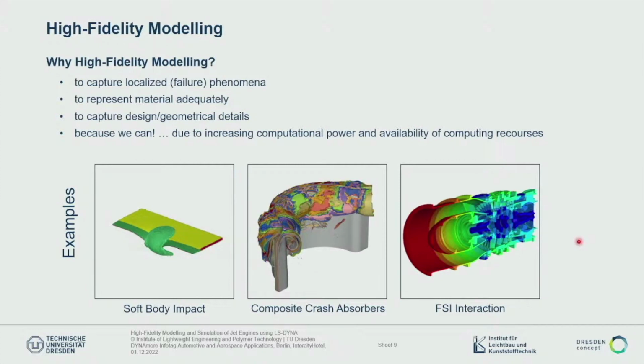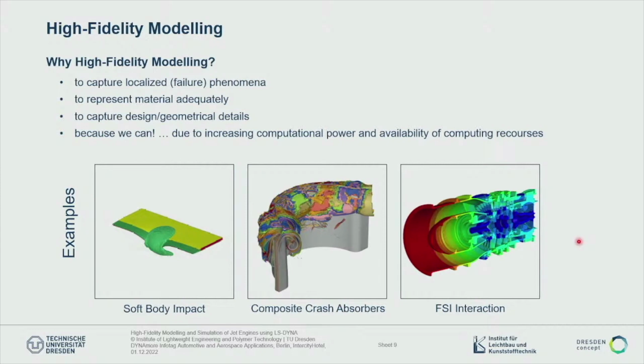So actually, we are now in the position to really use larger hardware resources. They first of all get available, and second of all, we can use them, and with the development of HPC computing, they are actually there to use.